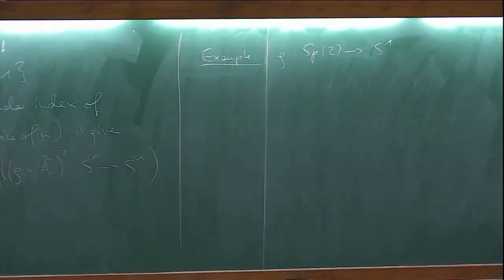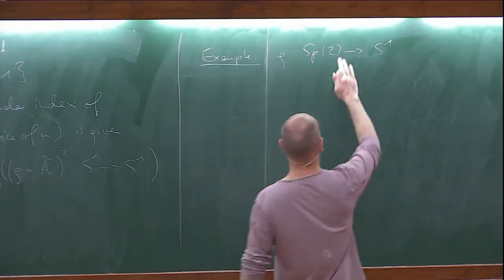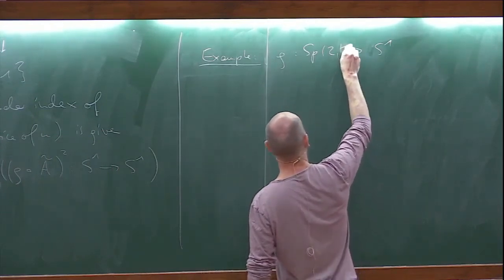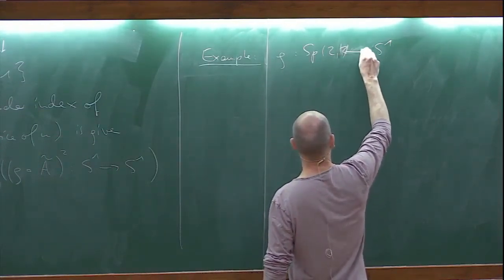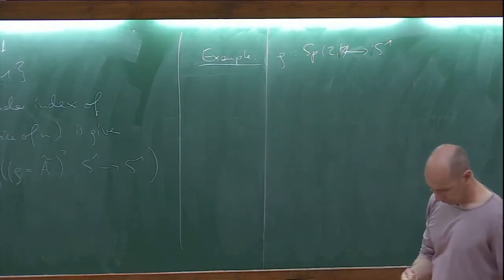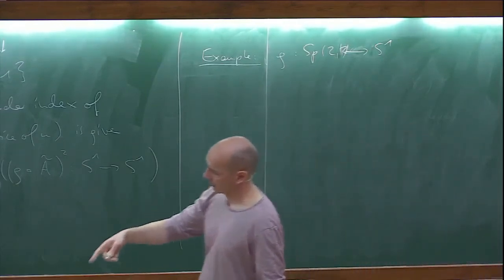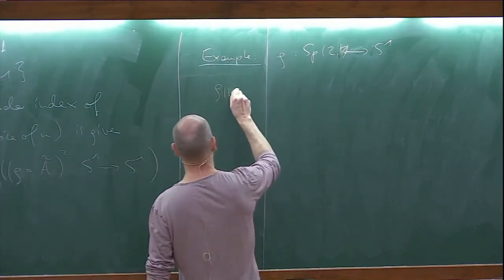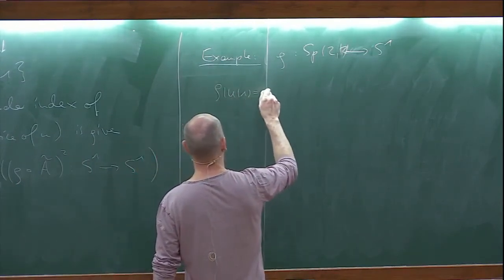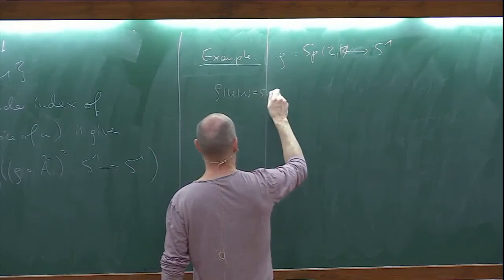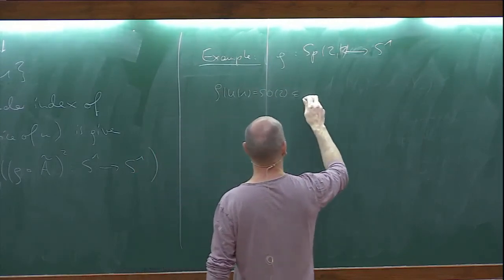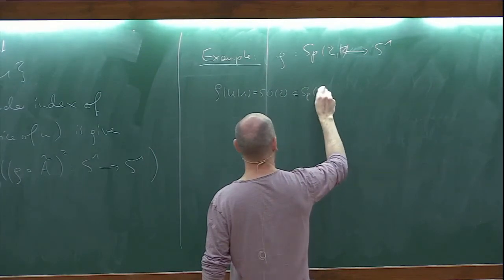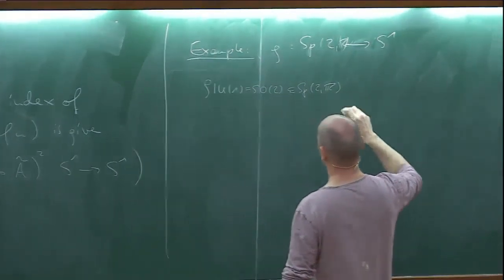So then rho is now a map from Sp(2,R) to S1. And the statement was that, I claimed that rho restricted to U(1), which is also known as SO(2), inside Sp(2,R) is the complex determinant.